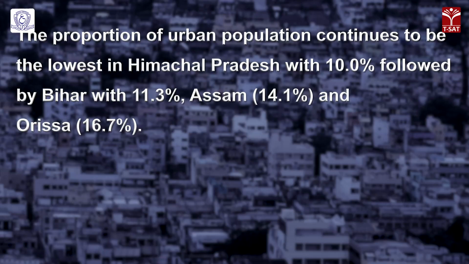Among the states, Goa is now the most urbanized state with 62.2% urban population, a significant increase since 2001, when the urban population of Goa was 49.8%. The proportion of urban population continues to be the lowest in Himachal Pradesh with just 10%, followed by Bihar with 11.3%, Assam 14.1% and Orissa with 16.7%.